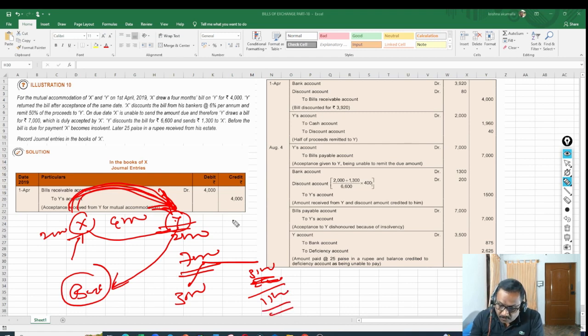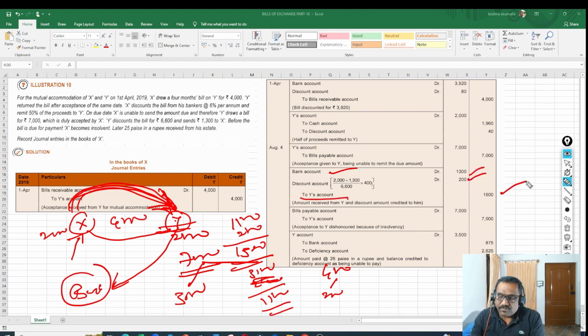But in this 1,500, he has to share the discount also. He discounted for 400 rupees, so 200 rupees of discount has to be borne by X. He will deduct this 200 rupees discount. So overall, how much did he pay? 1,300. That is the reason you could see bank account debit 1,300, discount account debit 200, to Y account 1,500. I hope you are clear on this one, right?